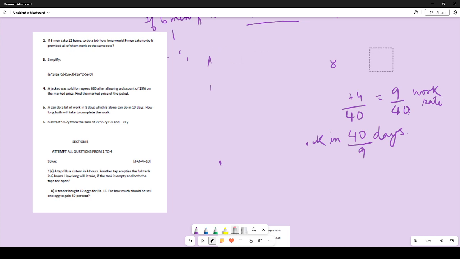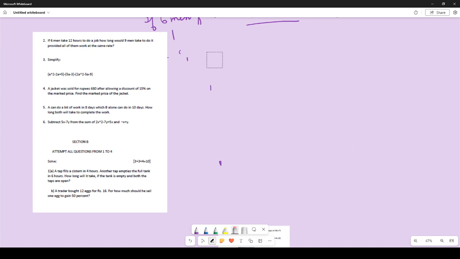Subtract something from something. Now here the very common error which I found many students committed was they did not pay attention to the from part. Now from the sum of what?